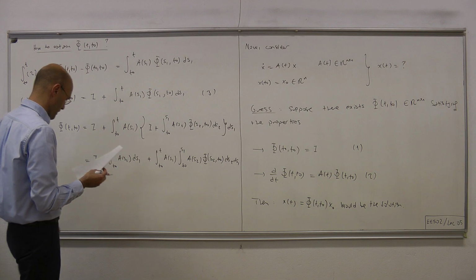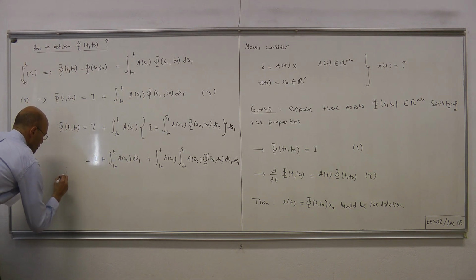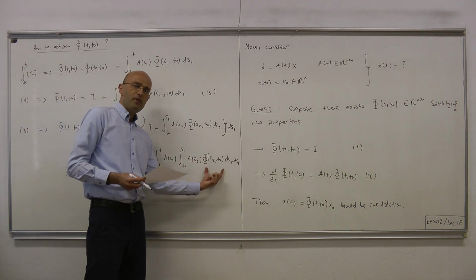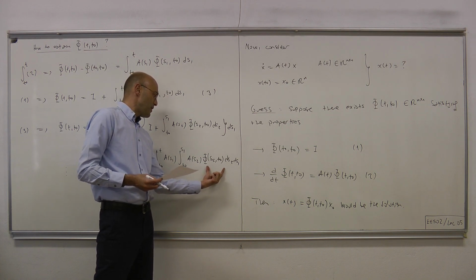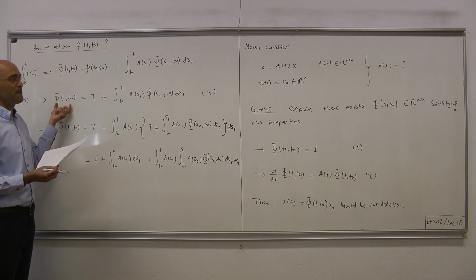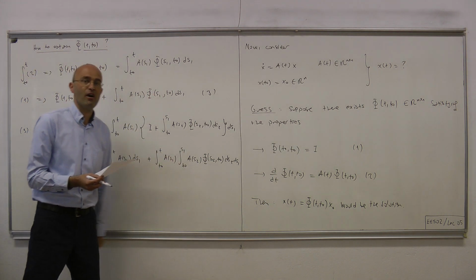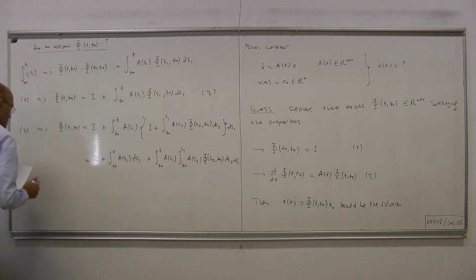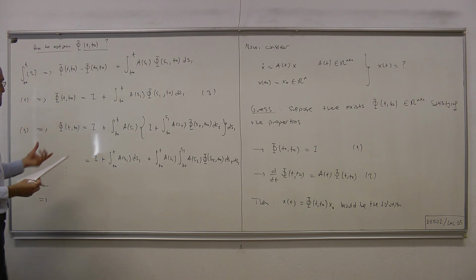So if you keep doing this, each time there appears a phi, you replace it with this expression here, which itself contains a phi on the right hand side. You increase the number of terms in your construction.